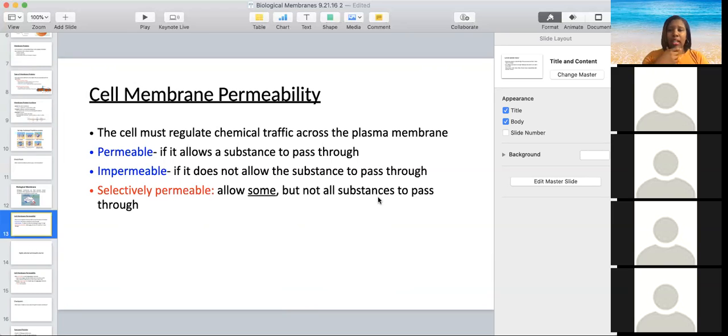But things that can permeate the cell rather easily are gases, and water can permeate the cell pretty easily. But other things, larger molecules, are going to require some assistance. So let's take a look at some of the processes that allow things to actually permeate the cell.